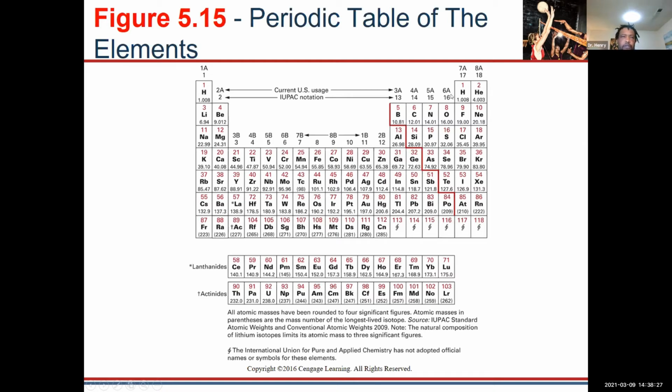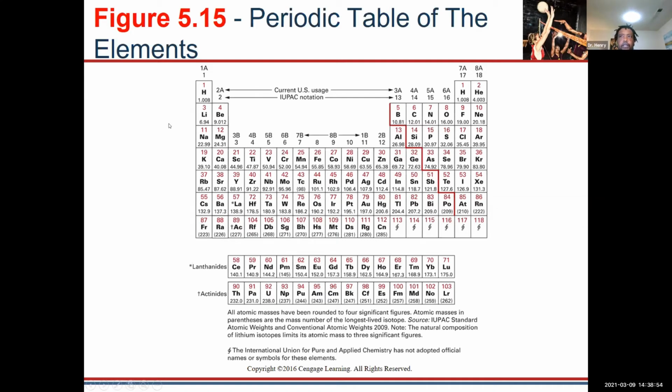The B groups were not the main groups, because we didn't know as much about those metals at the time as we know now. So we distinguish between the main group and the minor group.